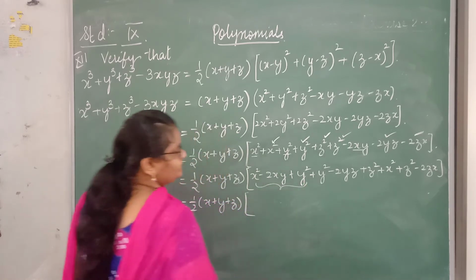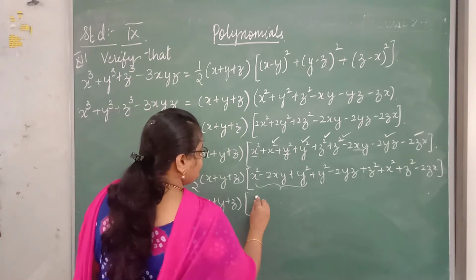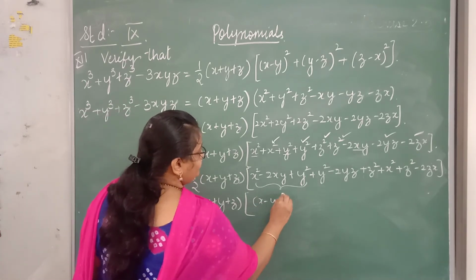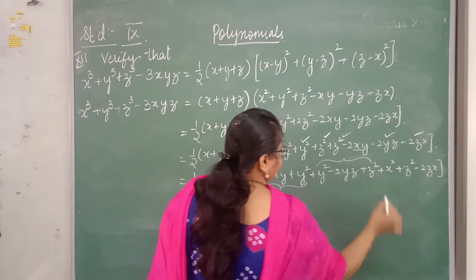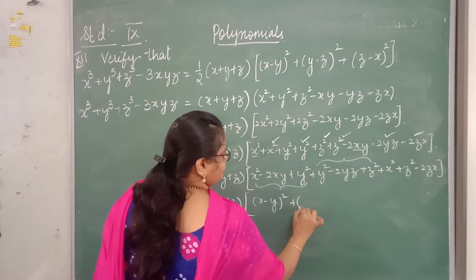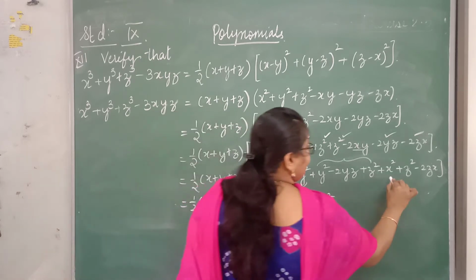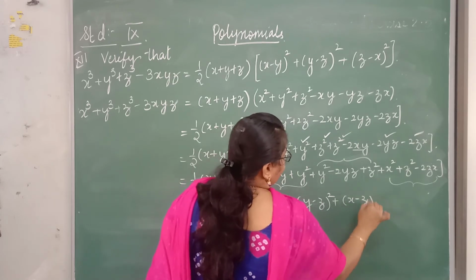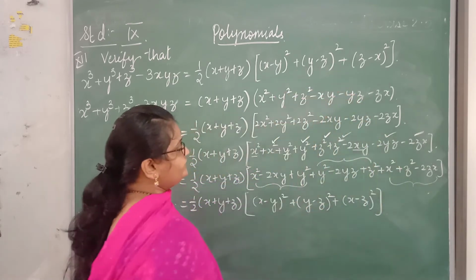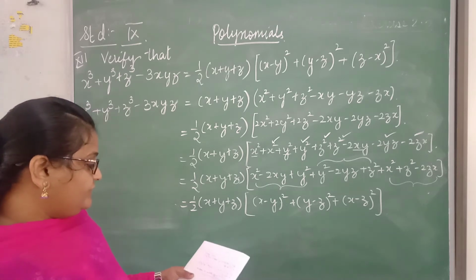So this together can be written as a minus b the whole square. It's nothing but x minus y the whole square. Now combining here, this together can be written as y minus z the whole square. Then again this together can be written as x minus z the whole square, which is nothing but z minus x.